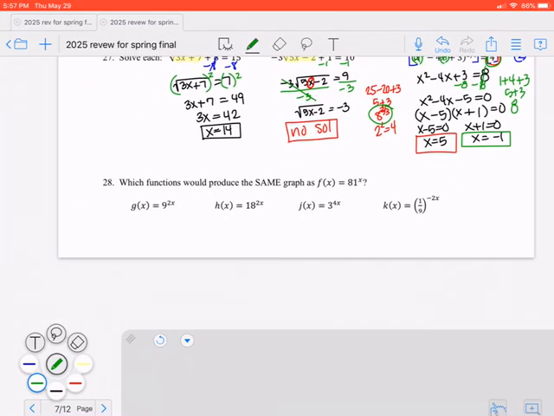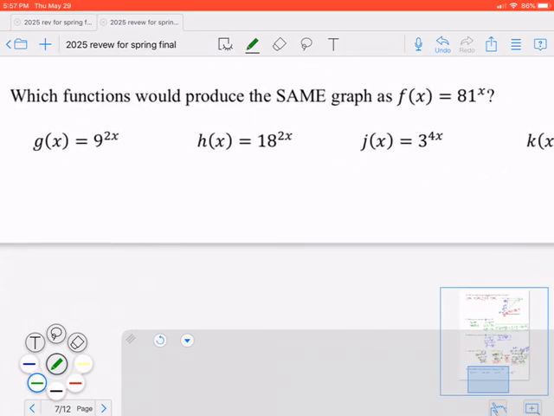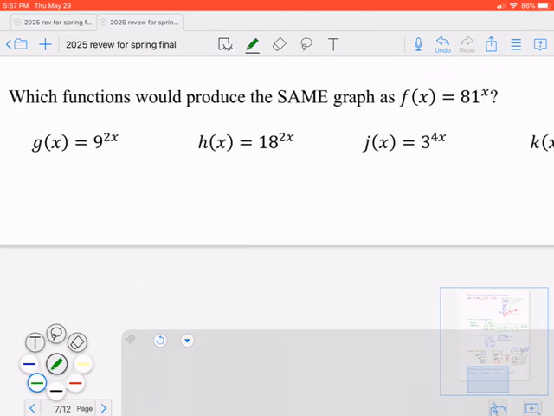All right, 28. Which functions would produce the same graph as f of x equals 81 to the power of x? So this one, 9 squared is 81.